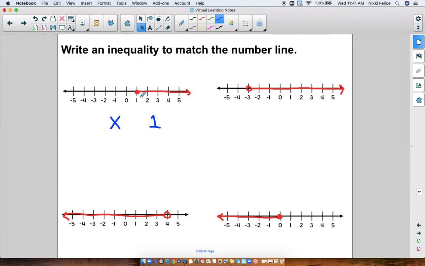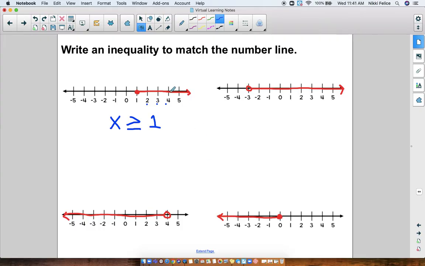Well, first of all, are we talking about the numbers that are bigger than 1 or the ones that are smaller than 1? All of these numbers, 2, 3, 4, those are greater than 1. So all of those numbers, x, have to be greater than 1. But don't forget my circle's colored in, so that means they're greater than or equal to 1.